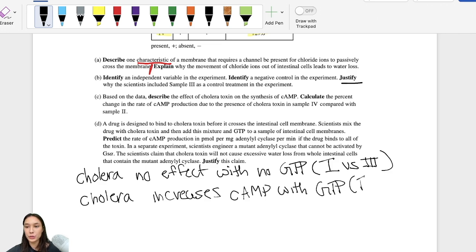And that's for 2 versus 4. Okay, so either one of those you could have said. It really just depends on which ones you're comparing to each other. But you're not going to get the mark unless you specify that it's no GTP or yes GTP.